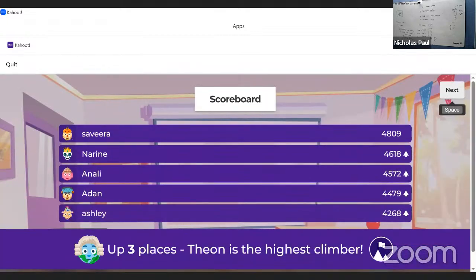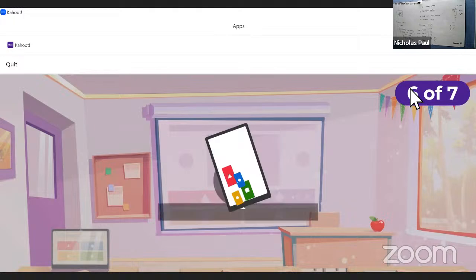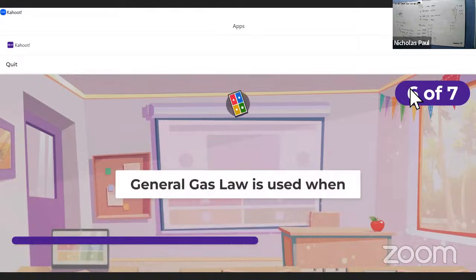Yeah, let's keep going. All right, you're holding one there. Let's see if I remember.